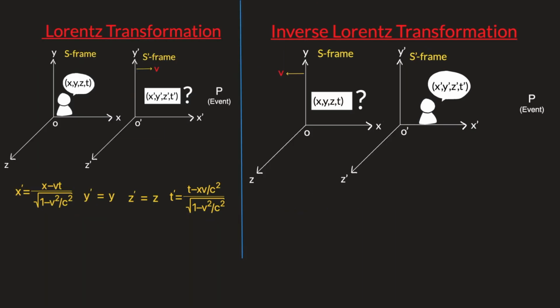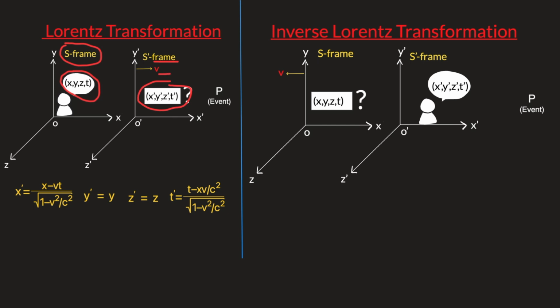Now, from our understanding of Lorentz transformation, we can very easily understand its counterpart, that is inverse Lorentz transformation. For Lorentz transformation, you are sitting on the S frame, knowing the coordinates x, y, z and t, and want to calculate the coordinates with respect to S dash frame, which is moving with constant speed v with respect to you.